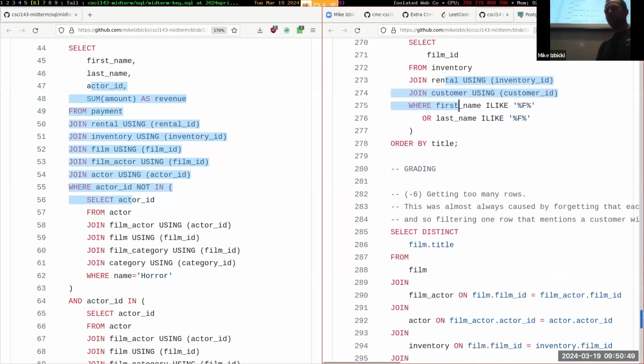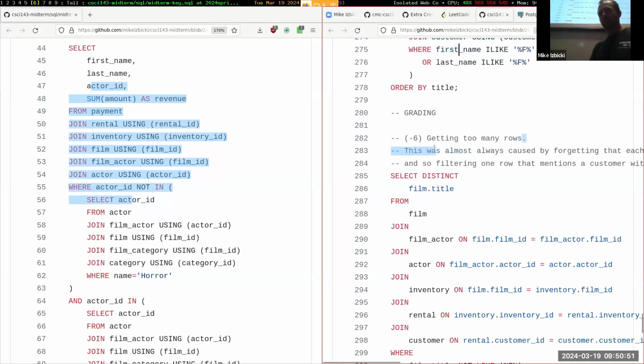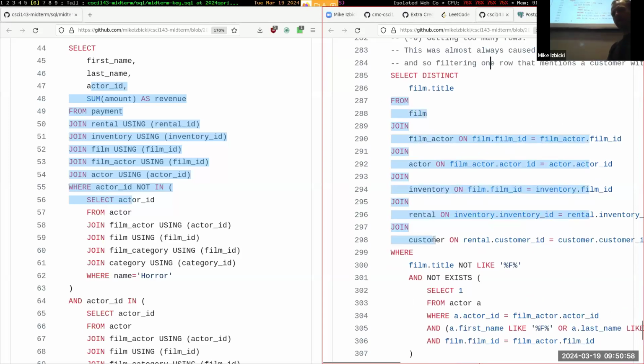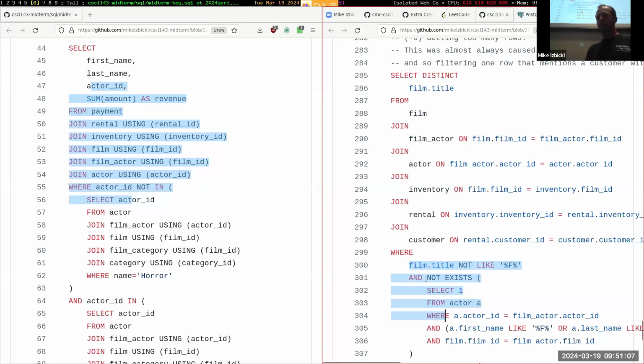Most students who missed points here were getting too many rows for some reason. And the reason you were getting too many rows was almost always because you were having many things joined together up here at the top. And then when you do have many things joined together up here, your filtering down here is going to happen only one row at a time.